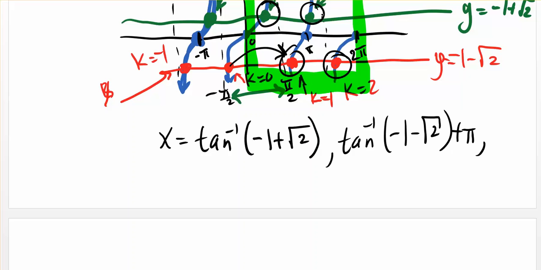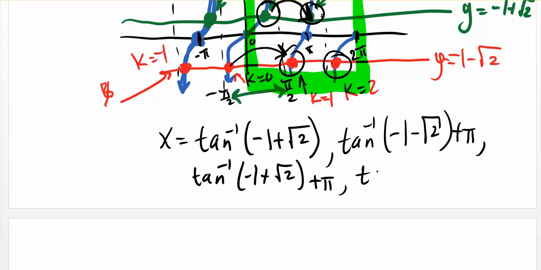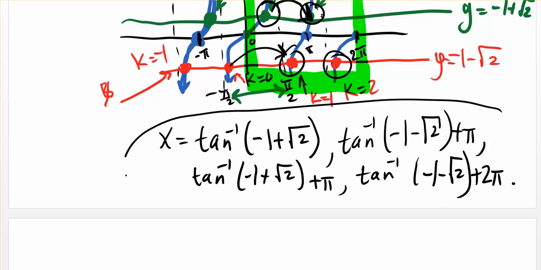Then our third solution is the inverse tan of negative 1 plus the square root of 2, so we add pi to get to that one, plus pi. And our final solution is the inverse tan of negative 1 minus the square root of 2 plus 2 pi.